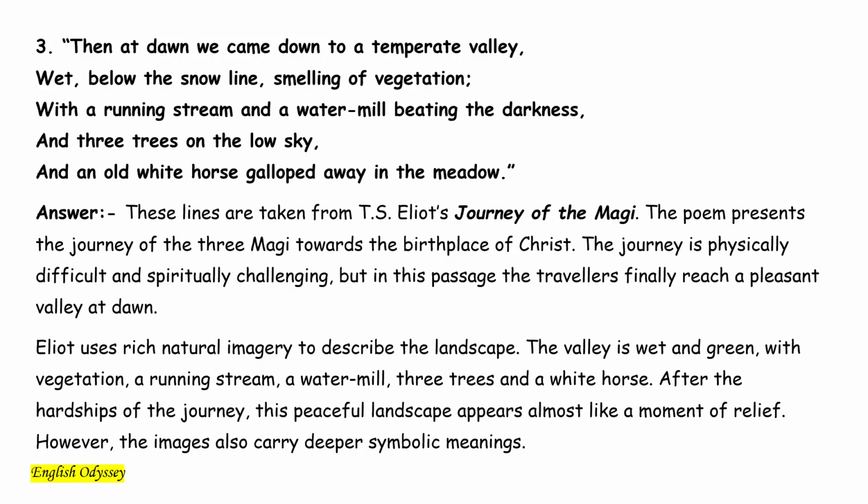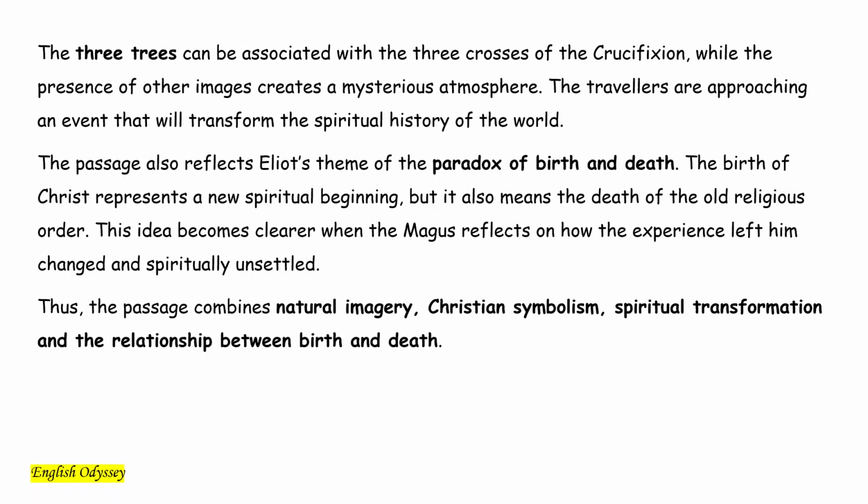Now let's move to question 3, which is from T.S. Eliot's Journey of the Magi. The Magi finally reach a beautiful valley after a difficult journey. Eliot describes the landscape through images of vegetation, water, trees, and a white horse.